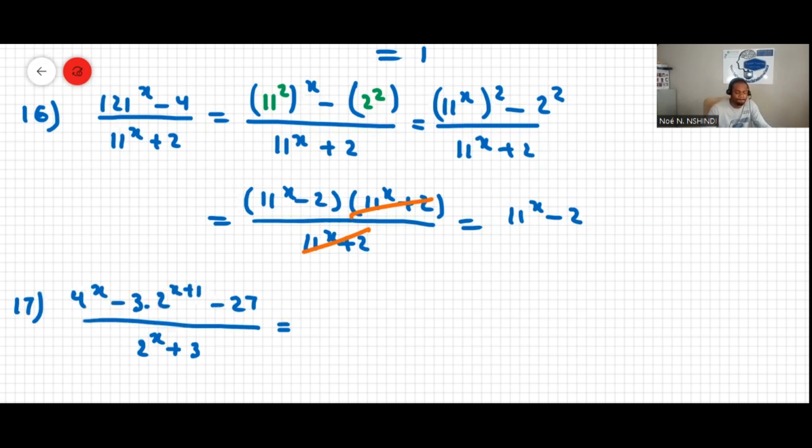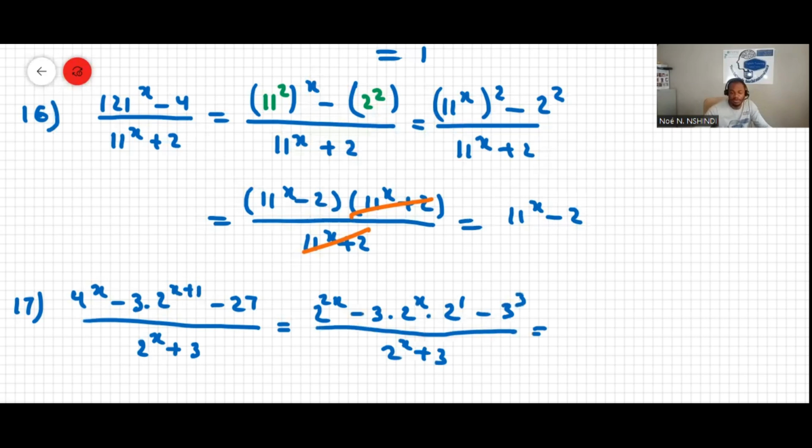I prefer to write each number in terms of its prime factors. 4 is a square number, so I can write it as 2 squared, so that makes 2 to the 2x, minus 3 multiplied by 2 to the x, multiplied by 2 to the 1, minus 27, which is 3 cubed, all over 2 to the x plus 3.